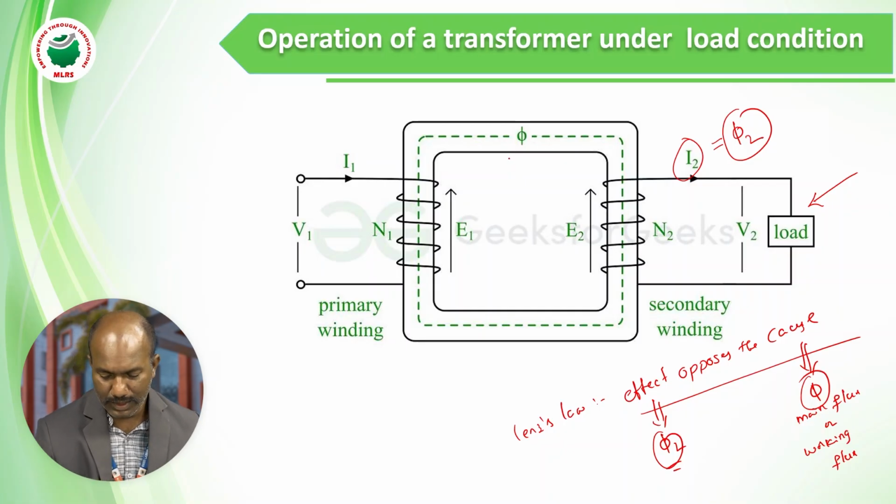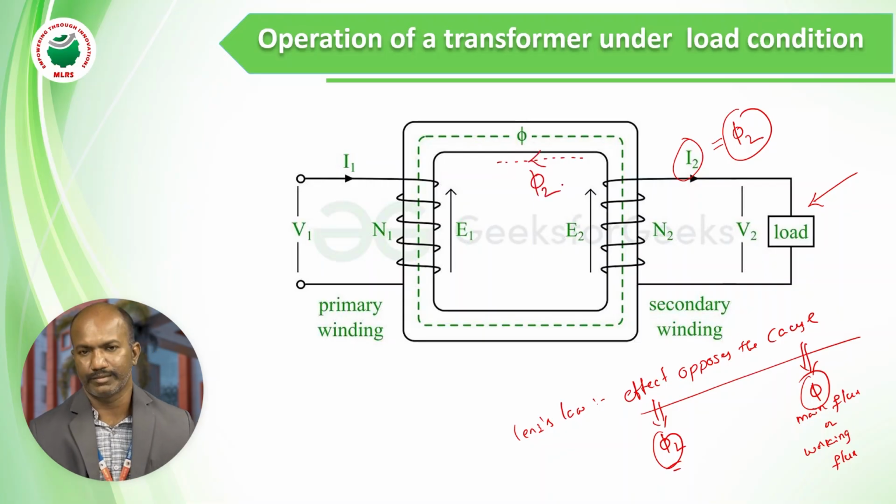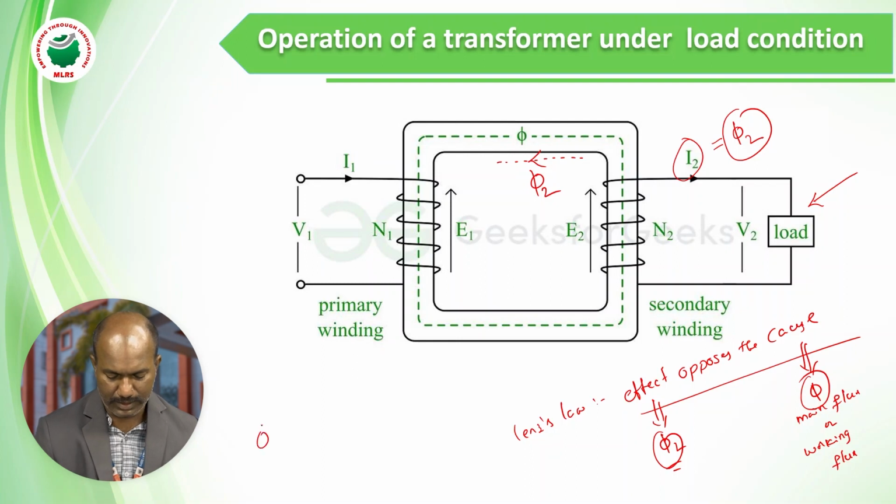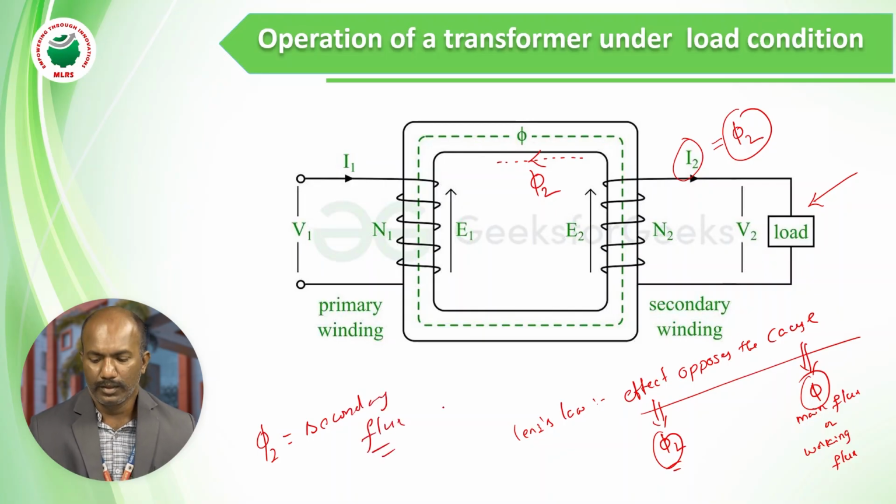So I will show you in the diagram. So this is the phi 2 direction. I have shown phi 2 outside actually, I mean this secondary flux, here phi 2 is called secondary flux. Now the direction of phi 2 is opposite to main flux.